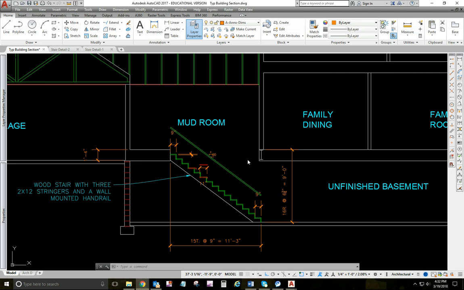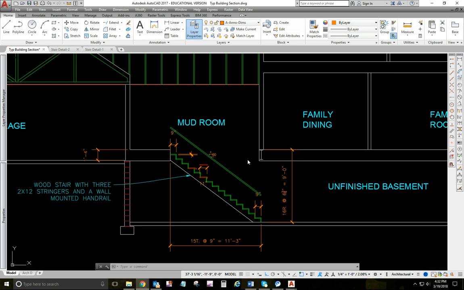Okay, let's talk about stairs. Stairs can be very confusing for the designer for a couple of reasons. One is when you're designing for a floor plan and you want to calculate the stairs, you're doing so based on finished measurements and designs.